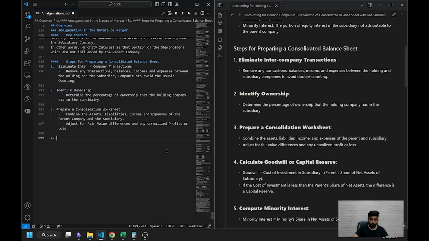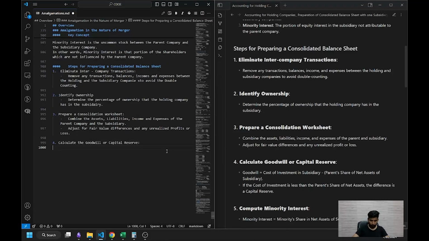After that, calculate the goodwill or the capital reserve as follows.